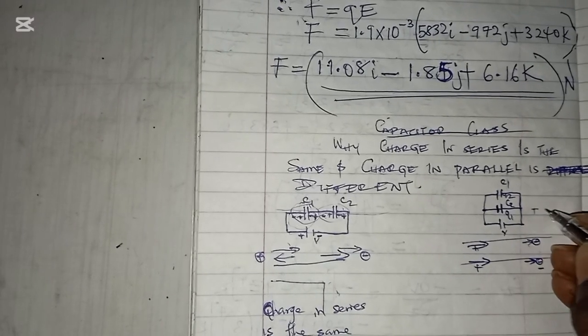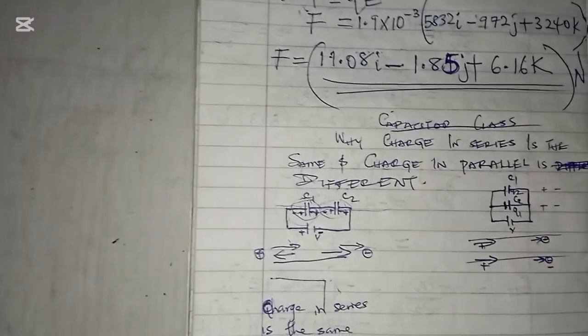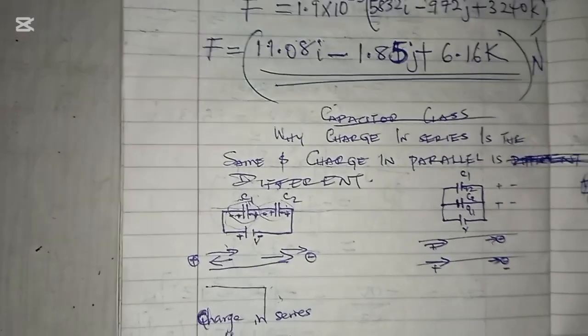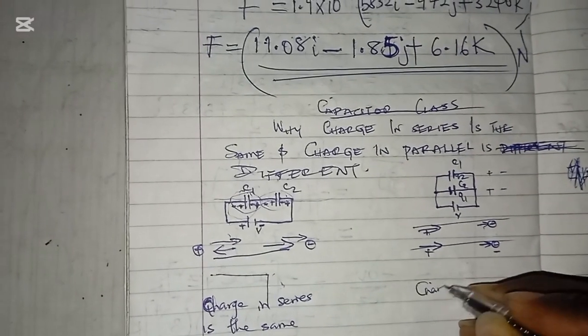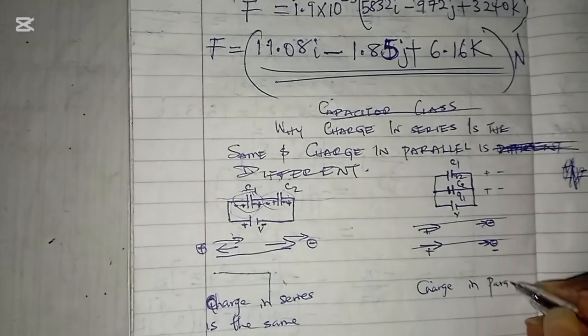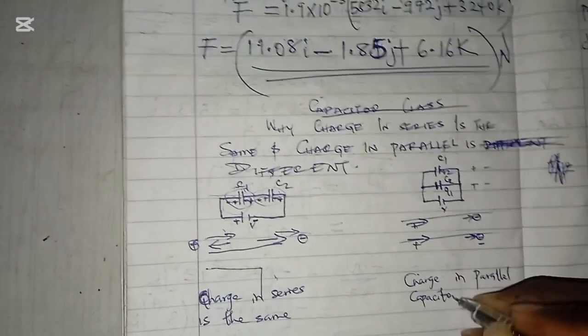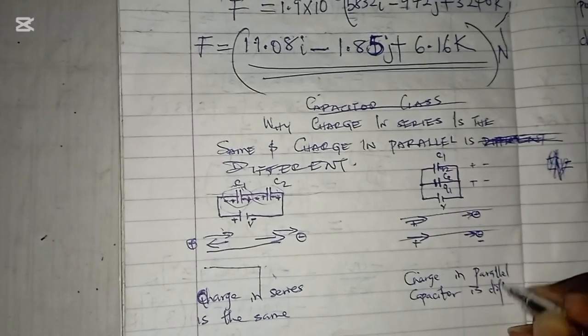So it's like positive and negative that forms on one line, then the other one negative and positive that forms on another line. So that is why we say that charge in parallel capacitor is different.